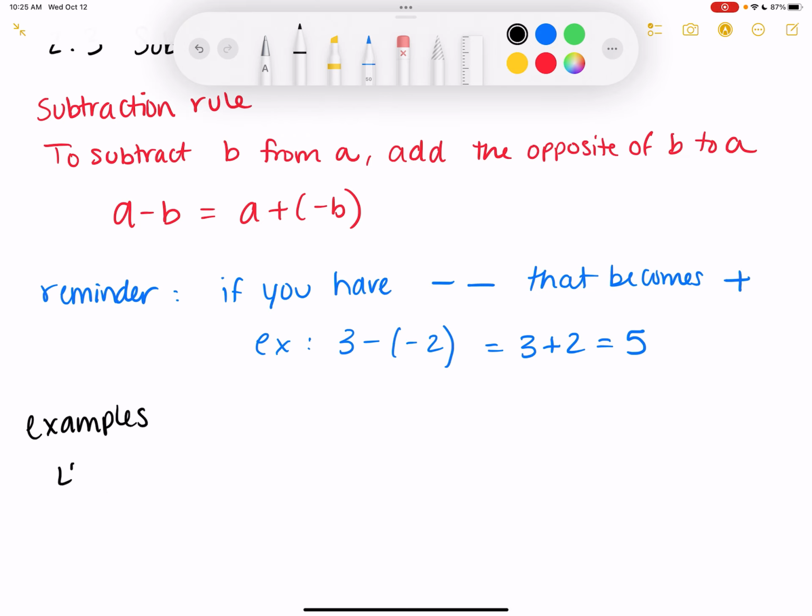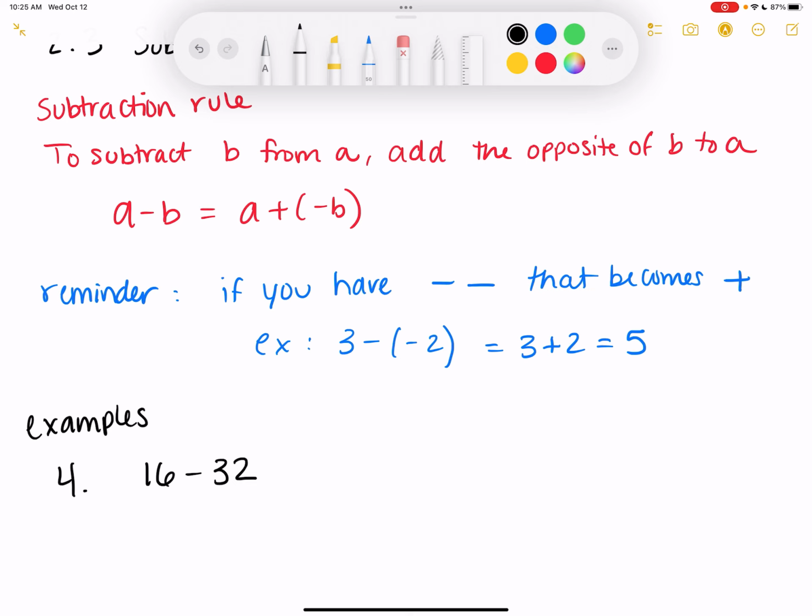Starting with number 4, we have 16 minus 32. So in terms of getting our sign, these are still opposite signs, okay? The 16 is positive, the 32 we could say is negative, it's being subtracted. So the answer is going to be the sign of the bigger number, okay? So our answer is going to be what, positive or negative in this case? Negative.